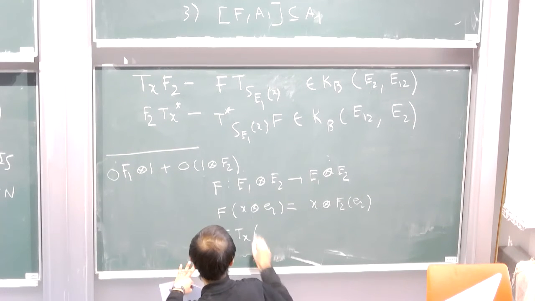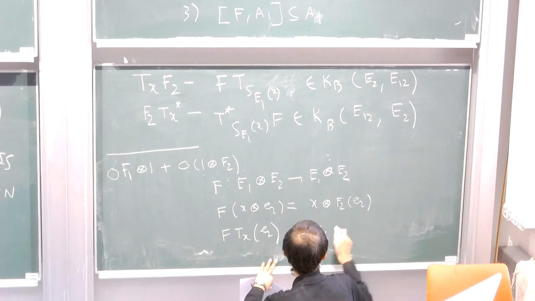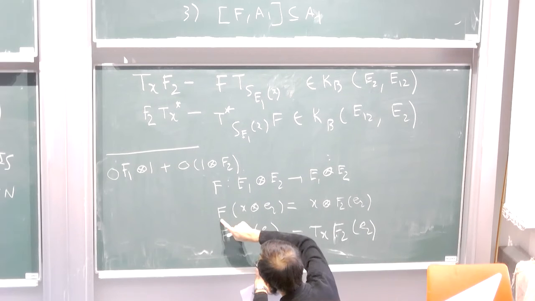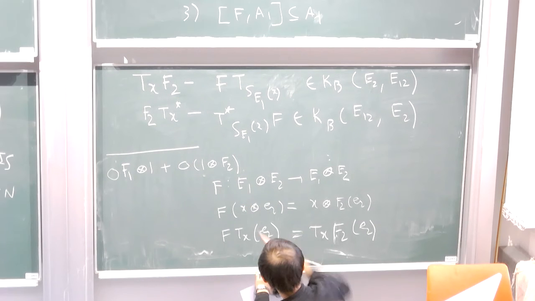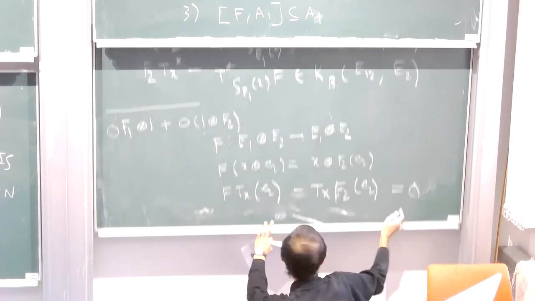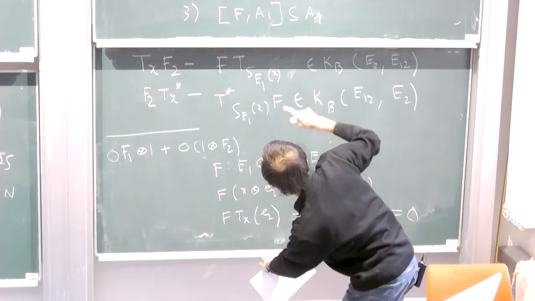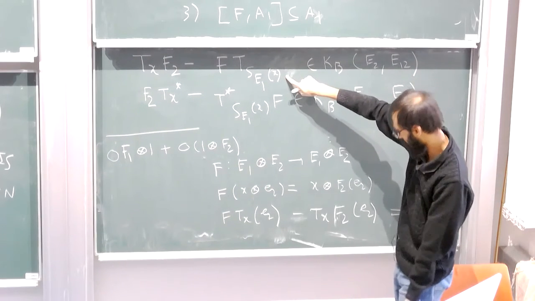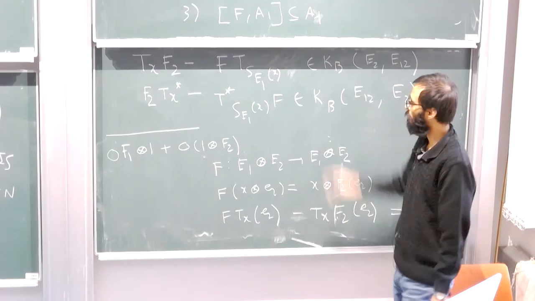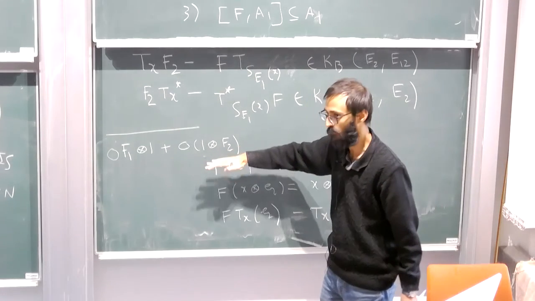This is T_x E2, and this is T_x of F2 of E2. To have something meaningful like one tensor F2, we should have this thing vanish. But to demand that it vanishes is too much. So we require it to be small: F T_x minus T_x F2 is small enough. So the first condition says that my F is a suitable replacement of one tensor F2.